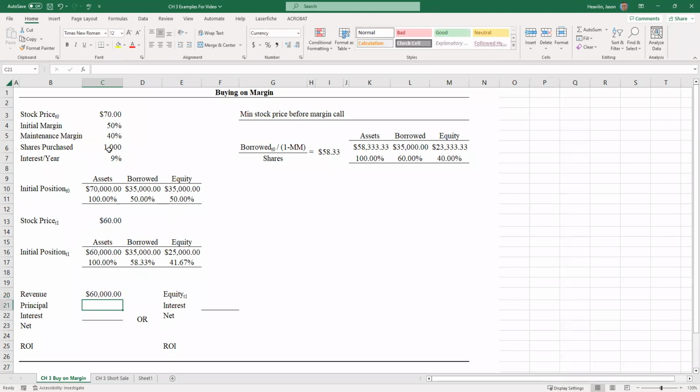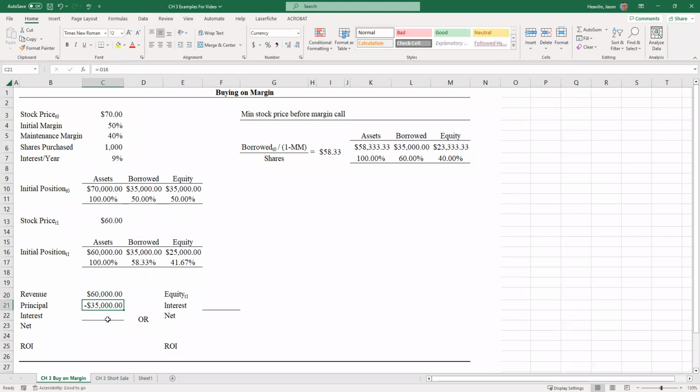Now you have to pay back the loan, the principal, the 35,000. So that equals negative 35,000, it shows as a deduction from revenues.